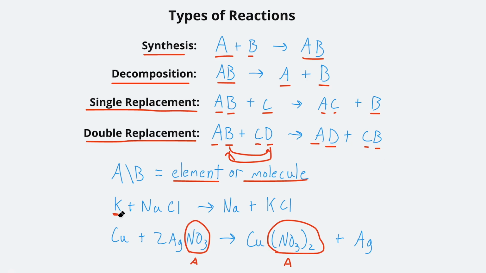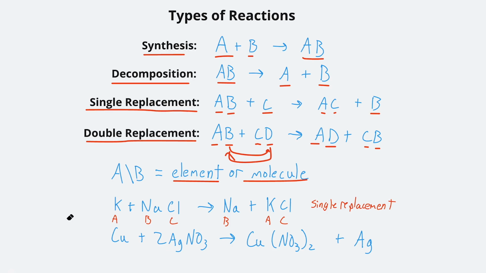If we look at these two examples at the bottom, something you can do to make these easier is label the parts of the reaction on the left with the letters that we were using above. So for the first equation, we label the potassium A, the sodium B, and the chlorine C. And then on the right side, just see where those letters go. So sodium is B, and then KCl would be A and C. So then that one resembles the single replacement reaction.